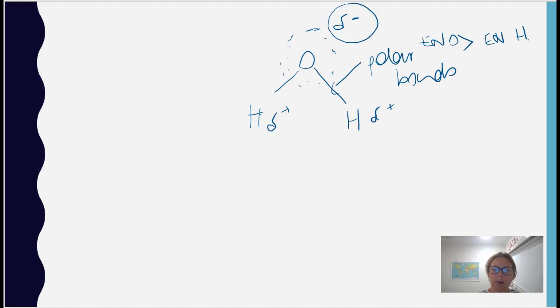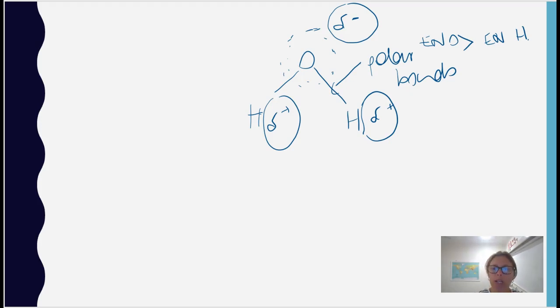I've got a delta negative up there, and I've got two delta positives up this side. What can happen sometimes is the negative can cancel out the positive, and if that occurs, then it will be nonpolar. But if one of them has a higher delta value, then they won't cancel each other out, and we get what's considered a polar molecule as well as a polar bond.